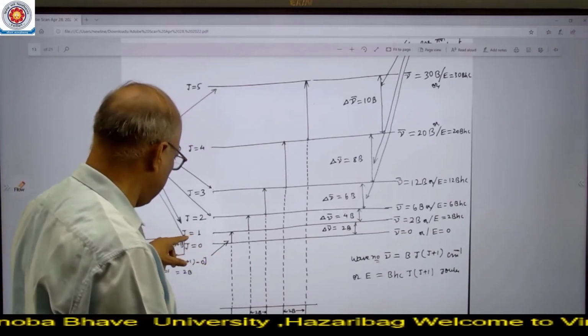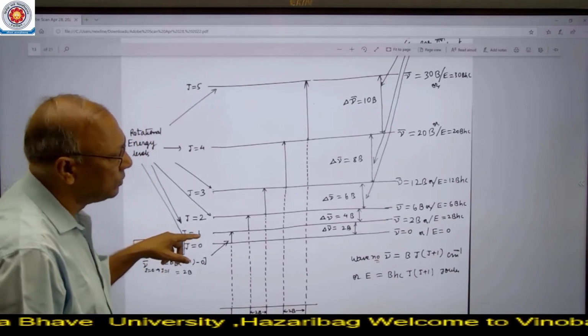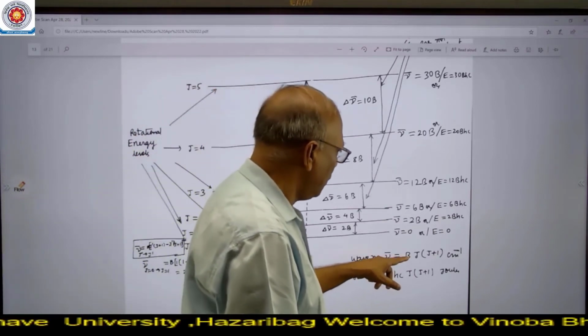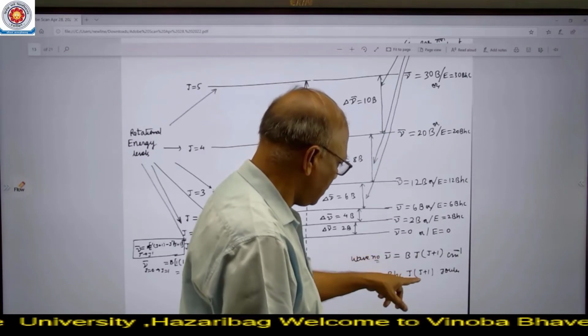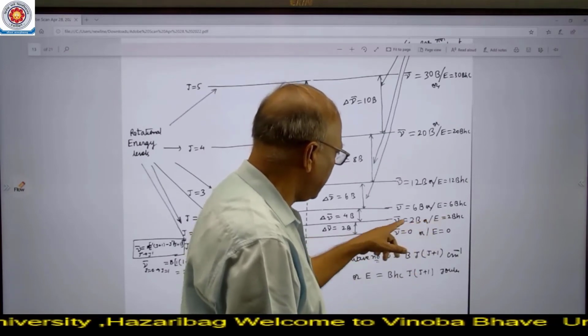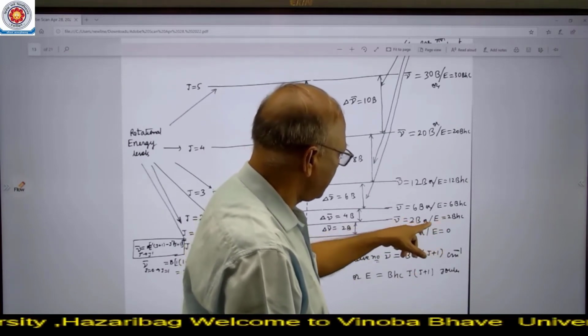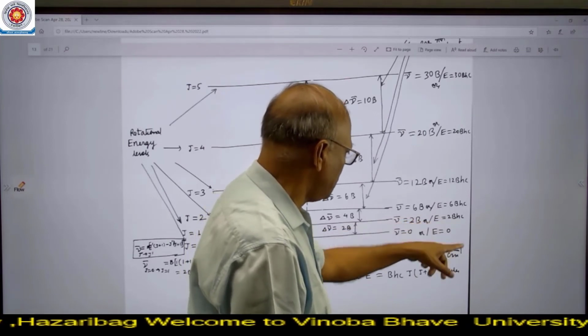For the second energy level, which is J equal to 1, we put 1 in this case, and 1 in this case also, and the expression becomes E equal to 2Bhc.